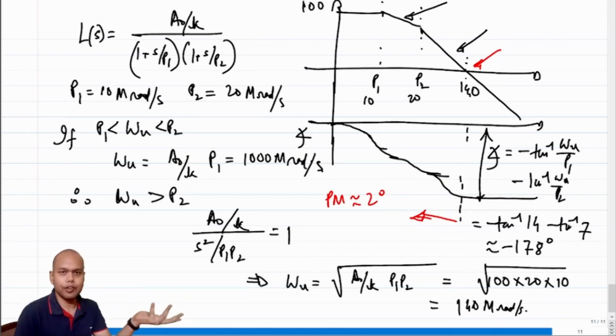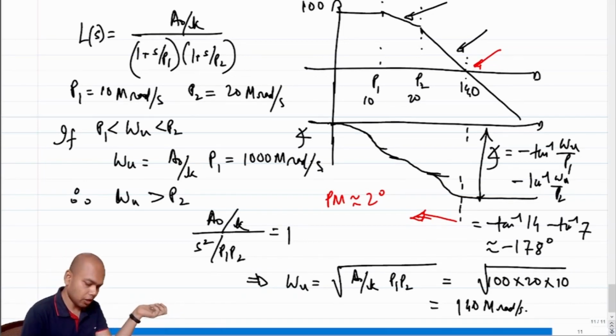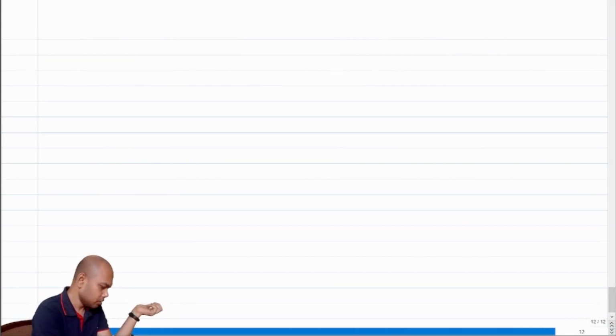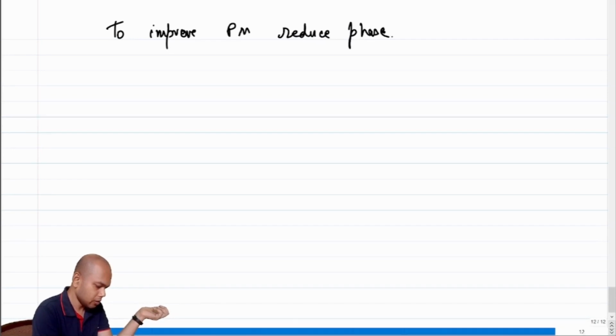So I have to reduce the phase lag. So the solution is, to improve phase margin, reduce phase lag around UGB or around omega u.